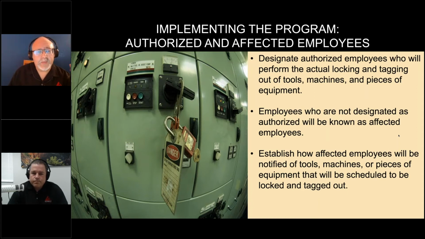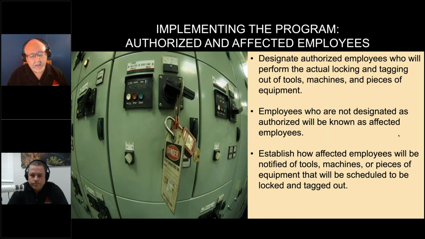Affected employees without the knowledge could actually rig the system, not understanding what's going on, and they could try to forcefully remove something, because some of those locks are not really super heavy duty. So, hey, what's this plastic? Wait a minute, I've got to get that machine and production going, and there's no communication, not knowing what it is. Without that knowledge, we could have a big problem. You could, yeah, absolutely.